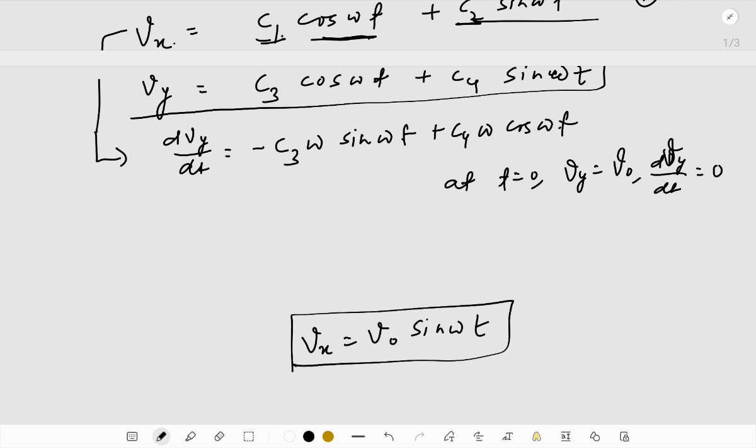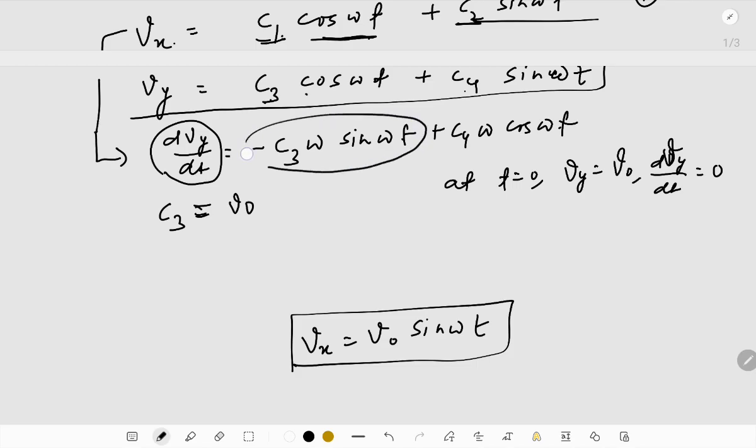So if we put t equals 0, this C3 stays alive and C4 is gone, because sin 0 is 0. So C3 equals Vy, C3 equals V0. And what about dVy by dt, which was 0 at t equals 0?